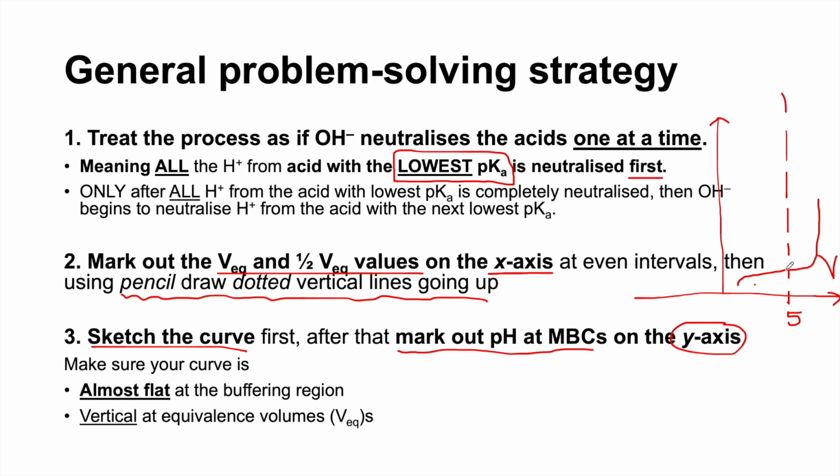Silly of me. This is my maximum buffering capacity, perhaps. Then I would just put a 2.3 over there. Then that is my last thing. And make sure again the shape of your graph should be flat at the buffering region, and vertical at the equivalence volume.